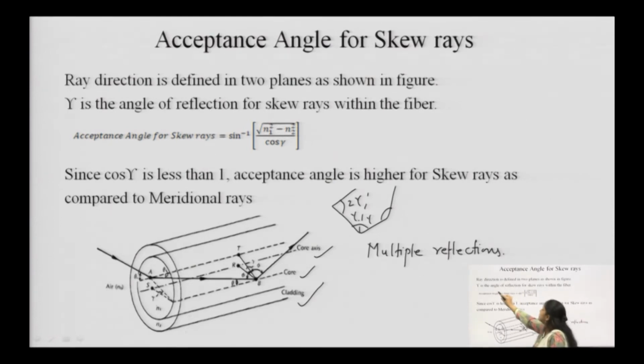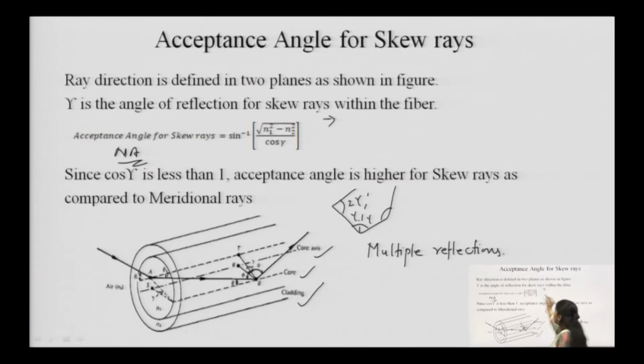So gamma is the angle of reflection for skew rays within the fiber, and this gamma plays a very important role: the more reflections, the more smoothening, and that will affect our numerical aperture. The acceptance angle, or you can say the numerical aperture, within the skew rays is given by sine inverse under root n1 square minus n2 square.